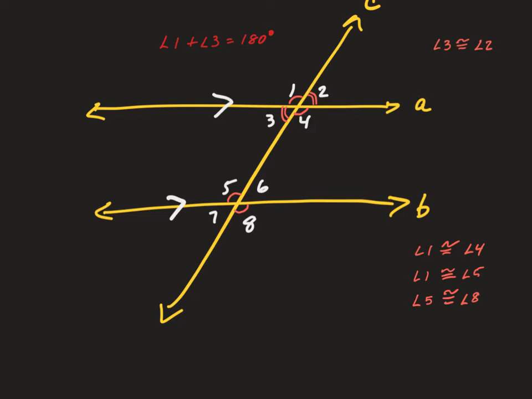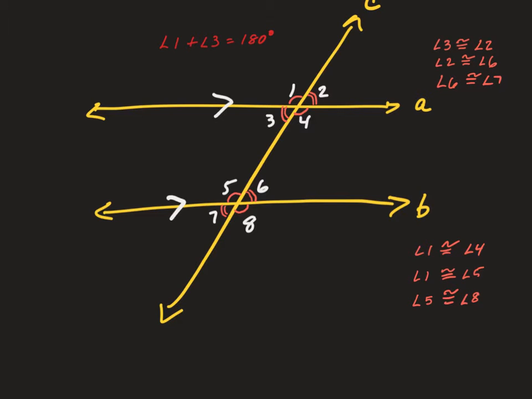So correspondingly, my other angles, angle 6 and angle 7, are vertical angles, and they will be congruent. We have the same relationship building there: angle 2 is congruent to angle 6, and angle 6 is congruent to angle 7.